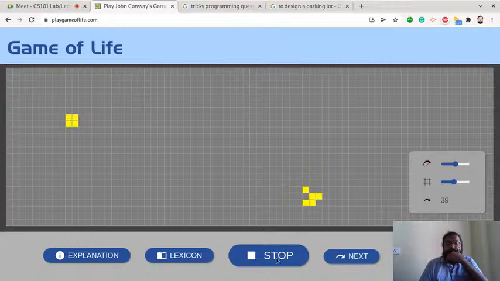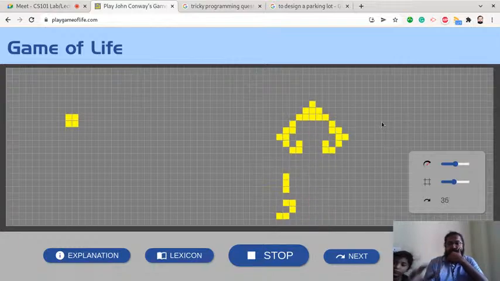Stop. And let's say I'm going to keep still life here, let's see what happens. Wow. So that is the whole thing about game of life.